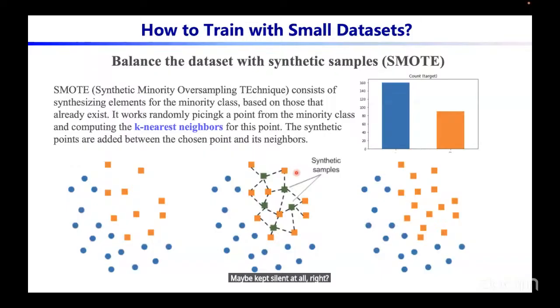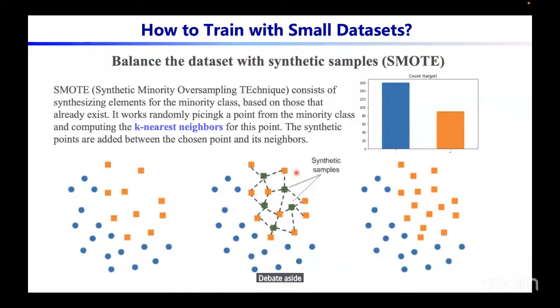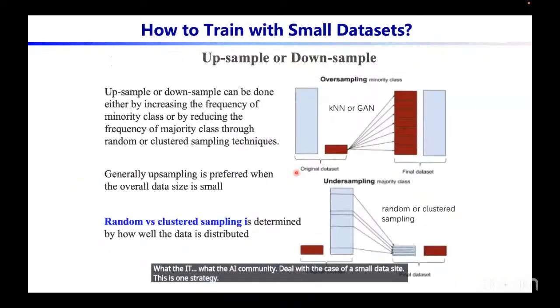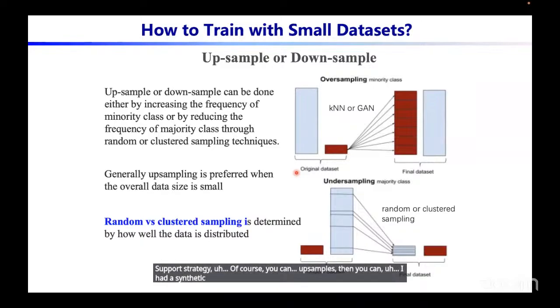So of course there is this kind of debate, but debate aside, I'm just telling you what the AI community does in the case of a small data set. This is one smart strategy. Of course, you can upsample, that means you can add synthetic samples. Of course, you can do the opposite.